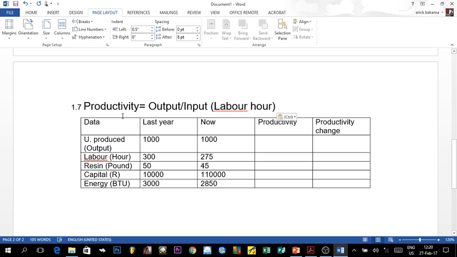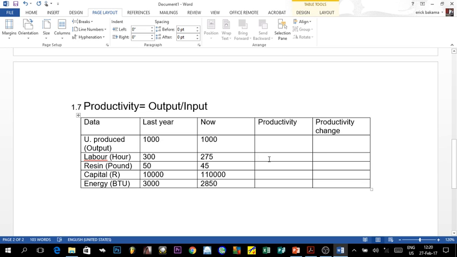Remember that the productivity, this one is for labor hour, but in short, this is the standard formula of productivity. So the productivity that we are going to use is the output, and we divide by our input. So first of all, we need to calculate the productivity for the labor, because we cannot calculate the productivity for the output. So we start already with the productivity for our labor.